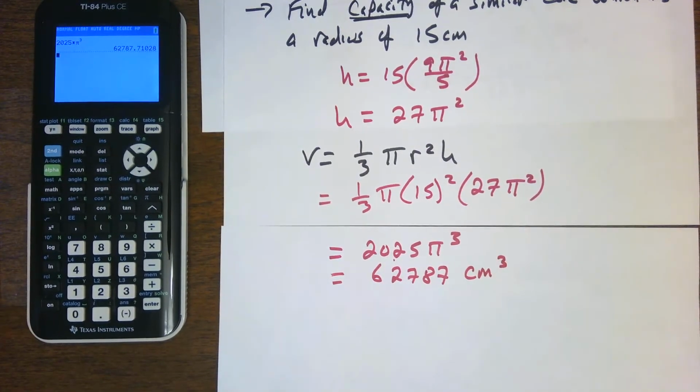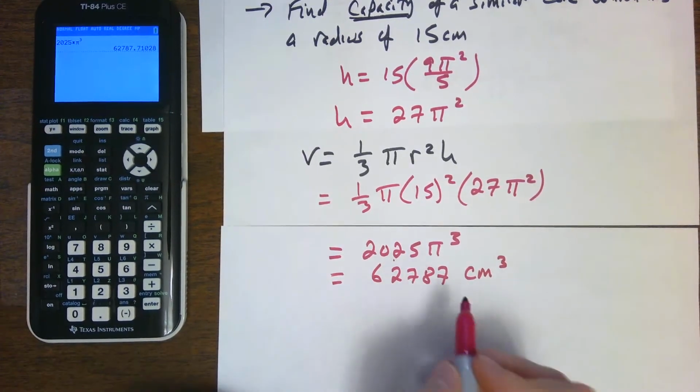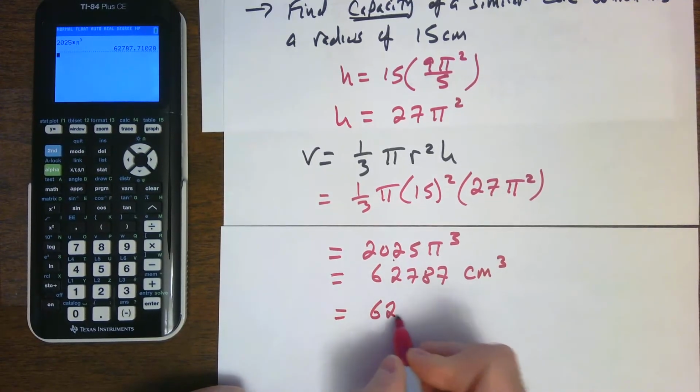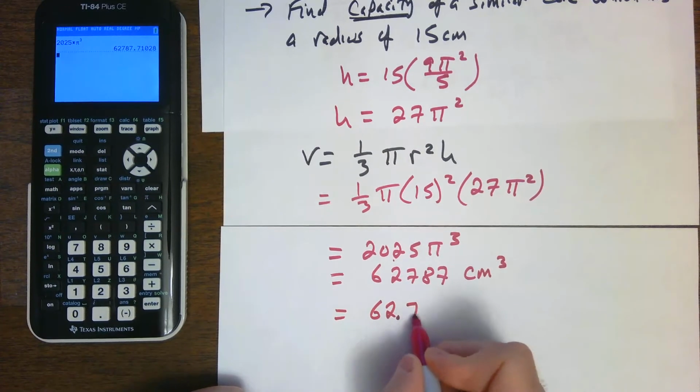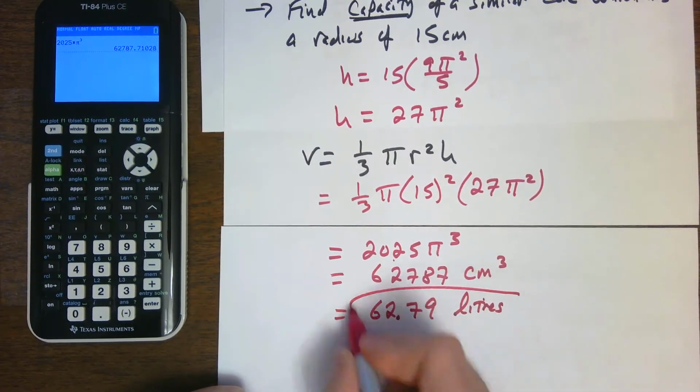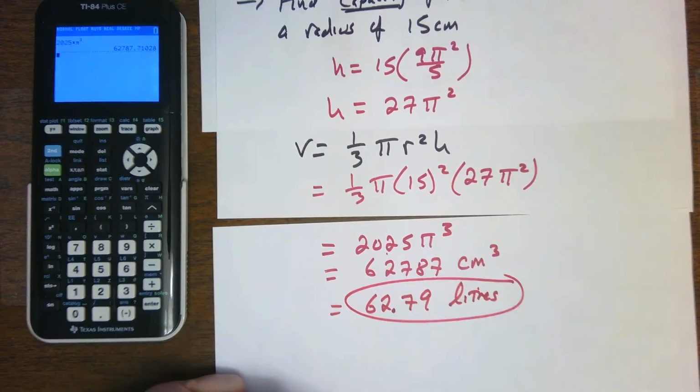So last thing I want to do is put this back to liters. One of the reasons that the metric system is so nice is 1,000 is 1 liter. So my final answer is going to be 62.79 liters. There we go.